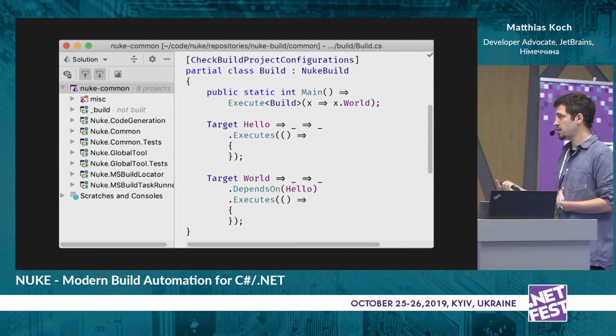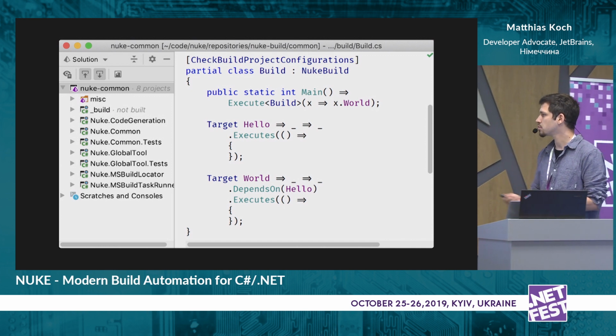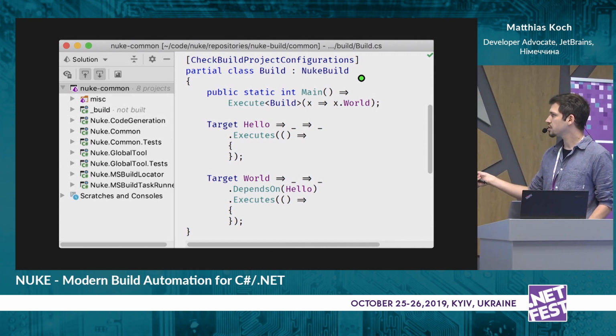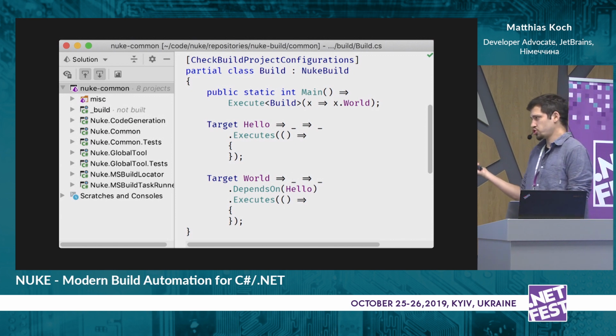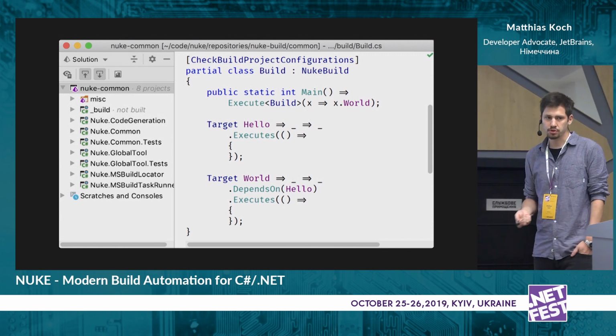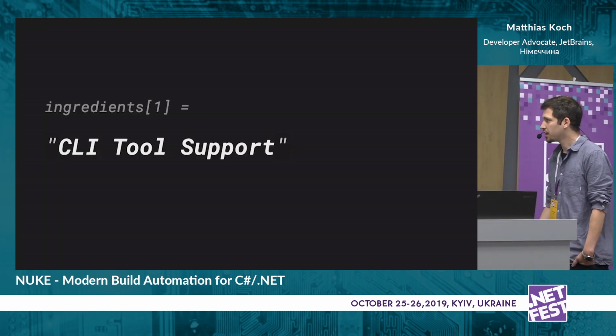Also, this is refactoring safe. So if you invoke refactoring tools on Hello, for instance, or World, then it would update the other usages as well. Because it's just a console application, you can put a breakpoint anywhere you like, and it would just work.